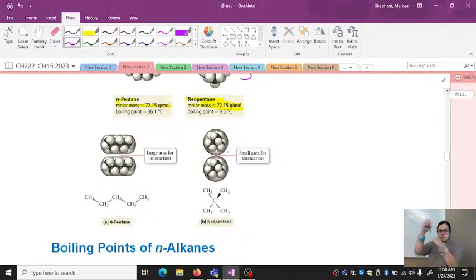So you have a lot smaller area for interaction, and you see that reflected in the boiling points. Neopentane, smaller area for attraction, means lower boiling point: 9.5 degrees Celsius versus pentane, which is 36.